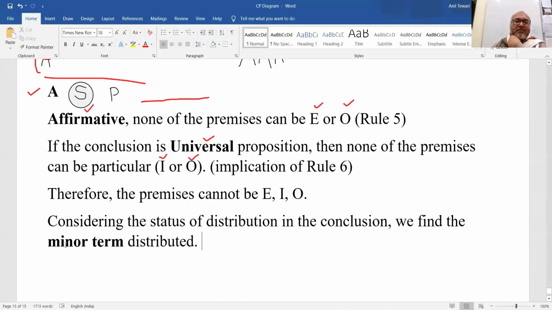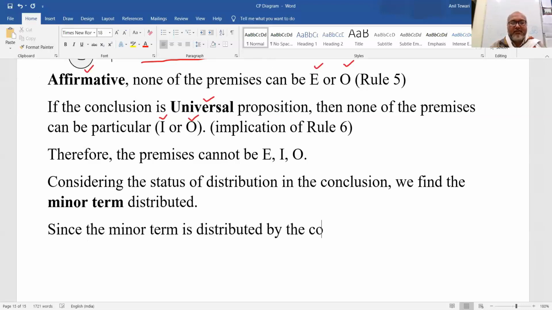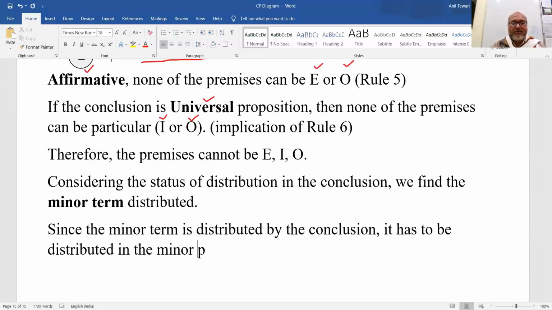Conclusion distributes its minor term. आप एग्जाम में ऐसे लिखोगे, since the minor term is distributed by the conclusion, it has to be distributed in the minor premise. Wherever it occurs, doesn't matter.